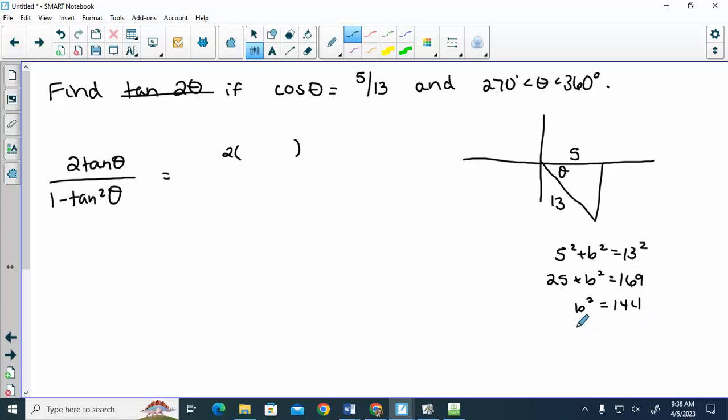Would b be a positive or a negative? Negative, because you're going down, so this side is negative 12. So then, if we think SOHCAHTOA, tangent is opposite over adjacent, so that's negative 12 over 5.